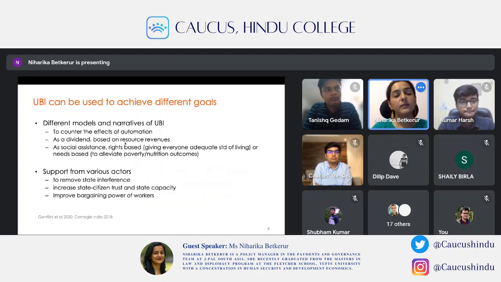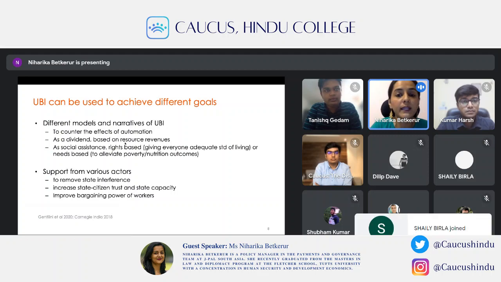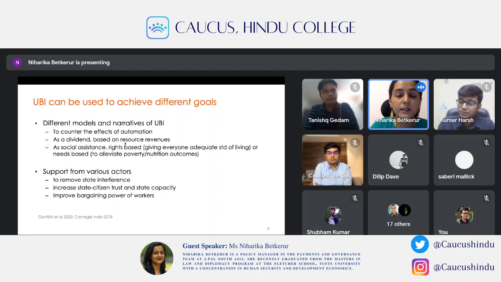So going a little ahead and thinking about what the different goals are that a UBI can achieve. This varies with respect to context, high income, low income countries. The kind of objective that you want to meet with a UBI will really inform the design of it and inform the amounts that you give out.